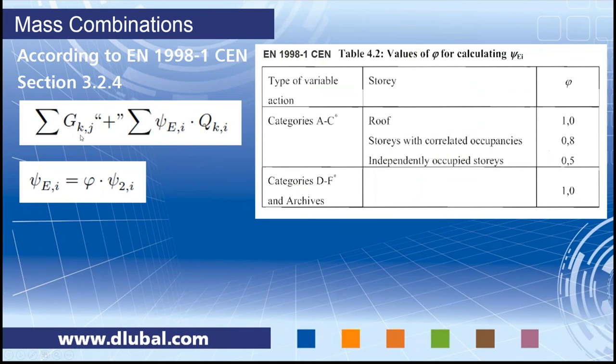In accordance to Eurocode 8, you have to consider masses resulting from the permanent loads and masses resulting from any imposed loads, where the value of ψE is composed of a value of phi in accordance to Eurocode 8 and a value of ψ2, which is known from the Eurocode 0. So categories A to C: if it's a roof level, then the value of phi is 1, and if it's any other independently occupied story, it's a value of 0.5.